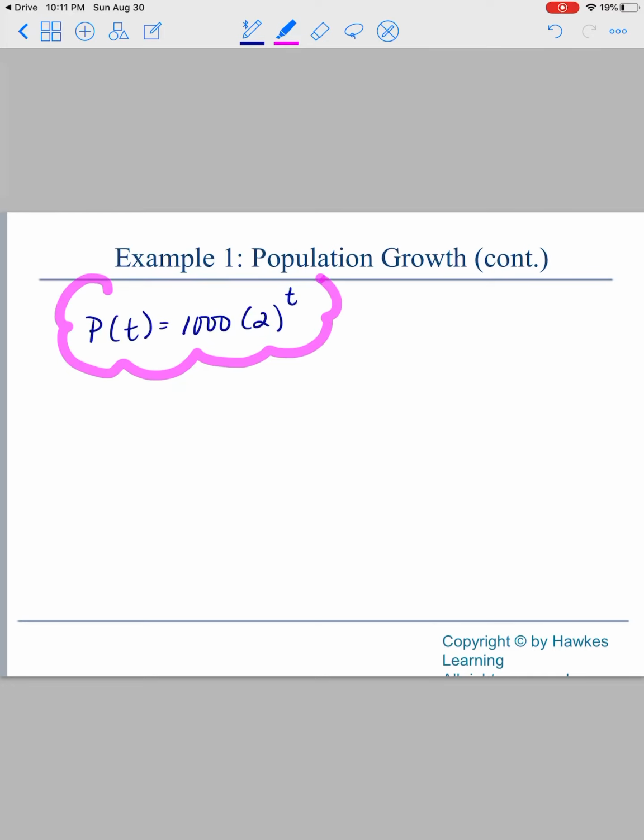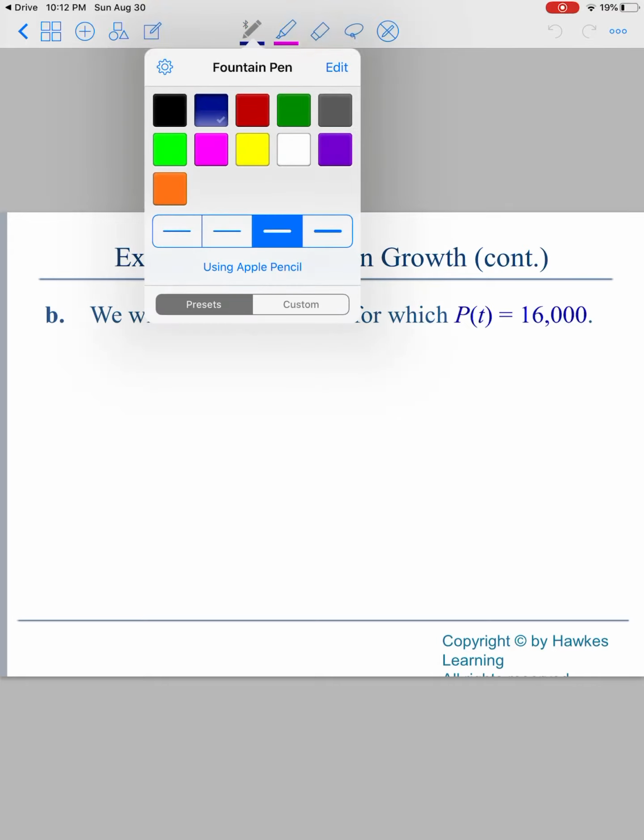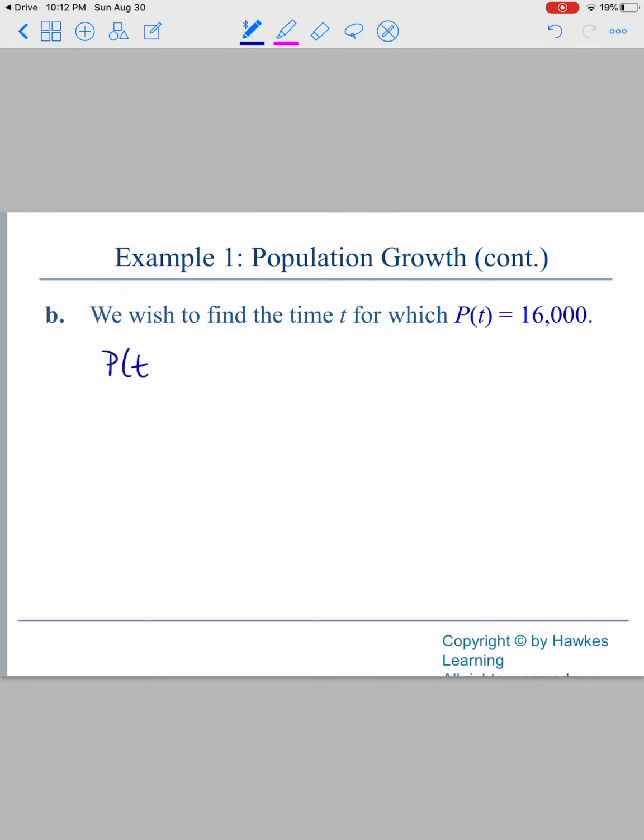This is what we're going to be using now to solve parts B and C. So for part B, we wish to find the time T for which P of T equals 16,000. So after how many hours did I have 16,000 bacteria in my petri dish? Well, if we remember, our equation is P of T equals 1,000, that's my initial, times my growth rate of 2 to the T power.